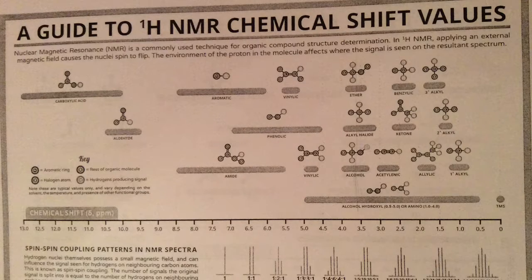Okay, so from this little graph, we can see that the 2.4 shift could mean a benzylic structure, and then the 1.9 and the 1.7 shift could mean like a secondary alkyl structure.